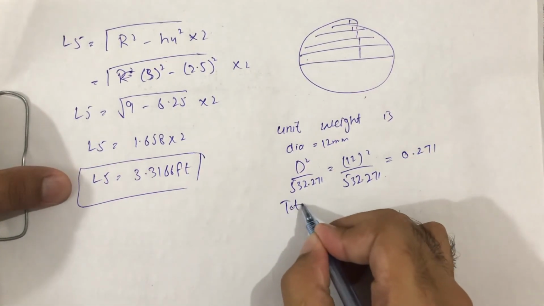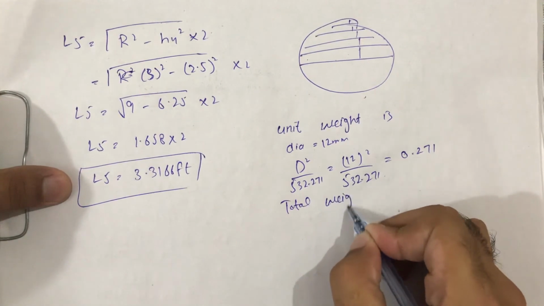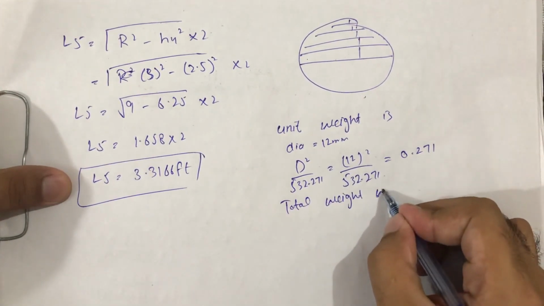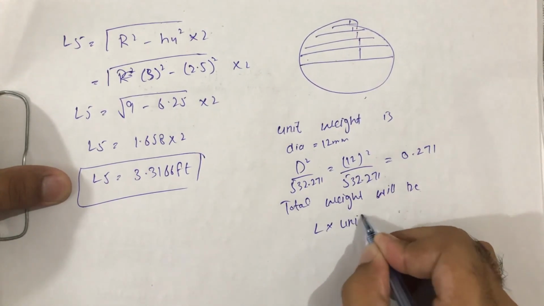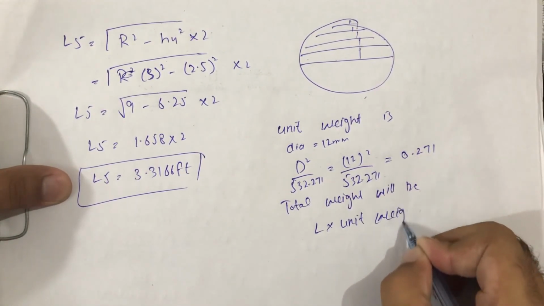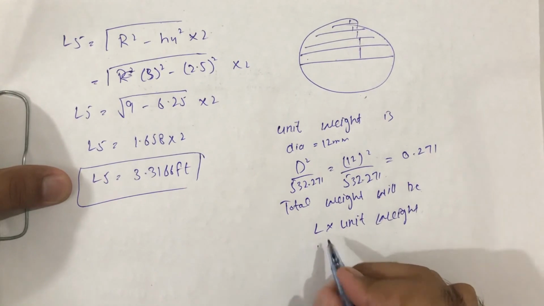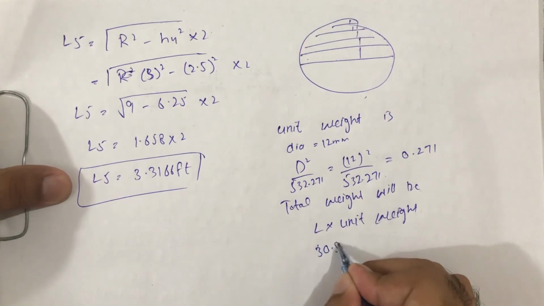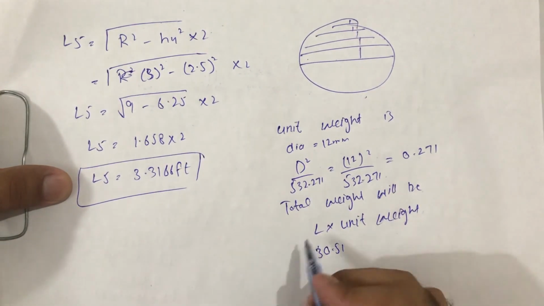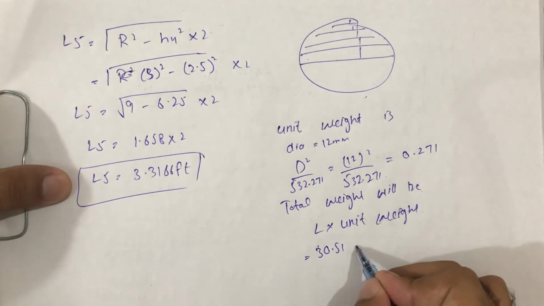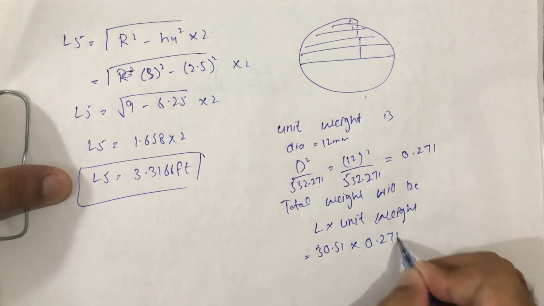Total weight will be L multiply unit weight. So L is equal to 30.51 when we add L, L1, L2, L3, L4, L5. So we will get 30.51 multiply 0.271.